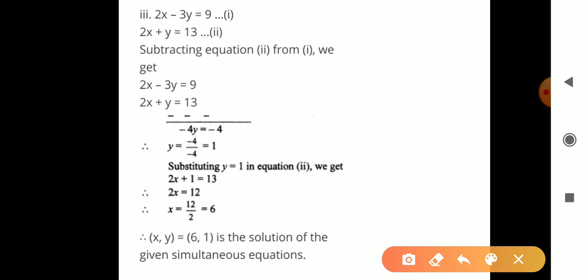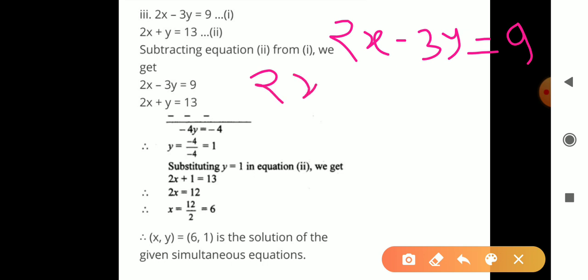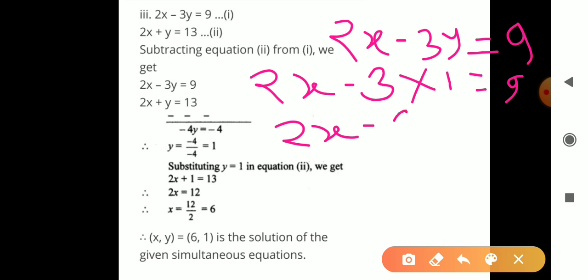So here we take the first equation, 2x minus 3y equal to 9. Now we have to substitute the value of y as 1 in this equation. So we get 2x minus 3 into the value of y, which is 1, equal to 9.